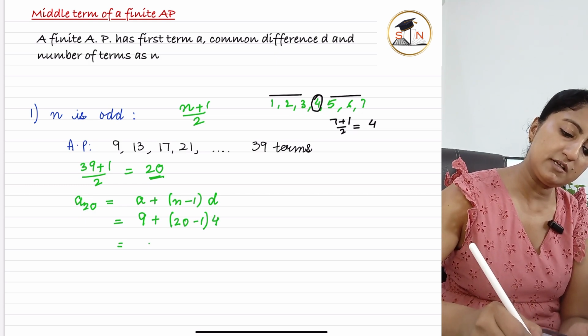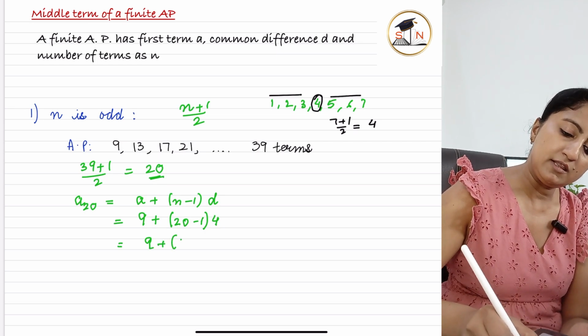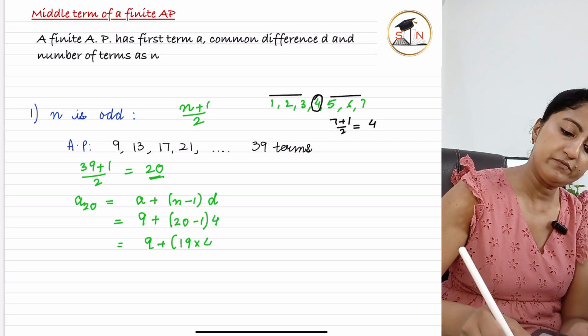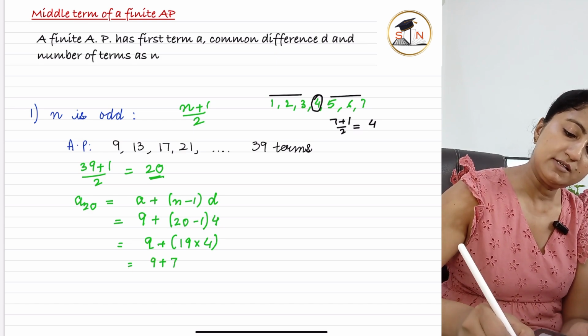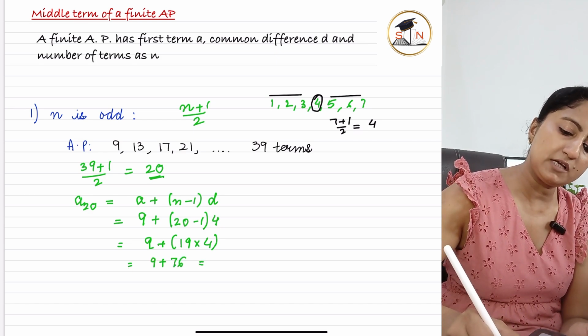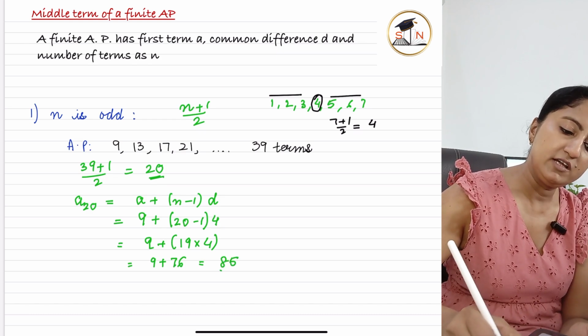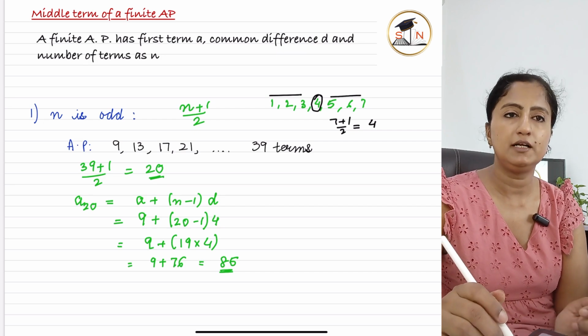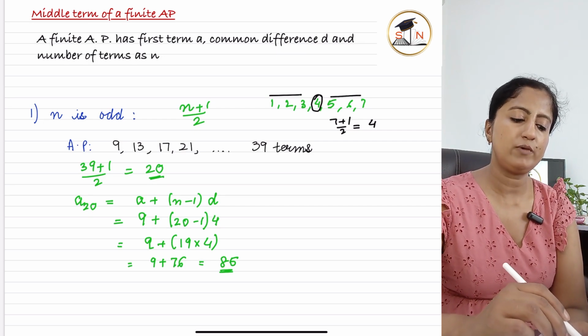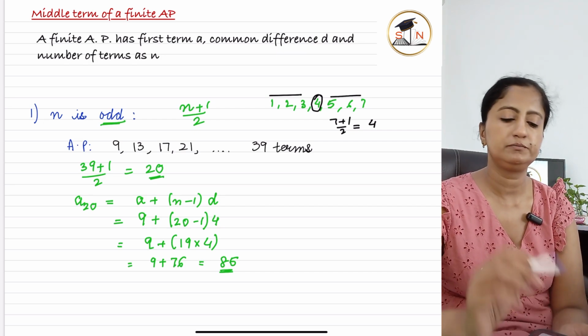So it becomes 9 plus 19 times 4, that is 9 plus 76, and it comes out to be 85. So for this AP, 85 is the value of the middle term. And this was the scenario when your N is odd.